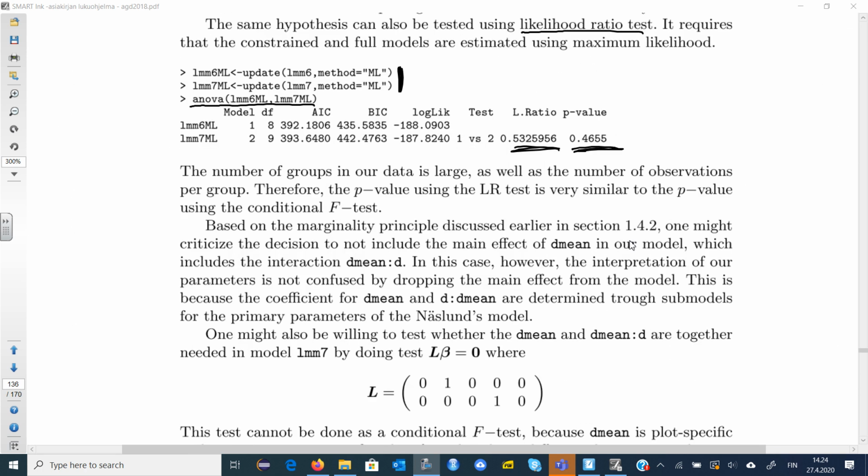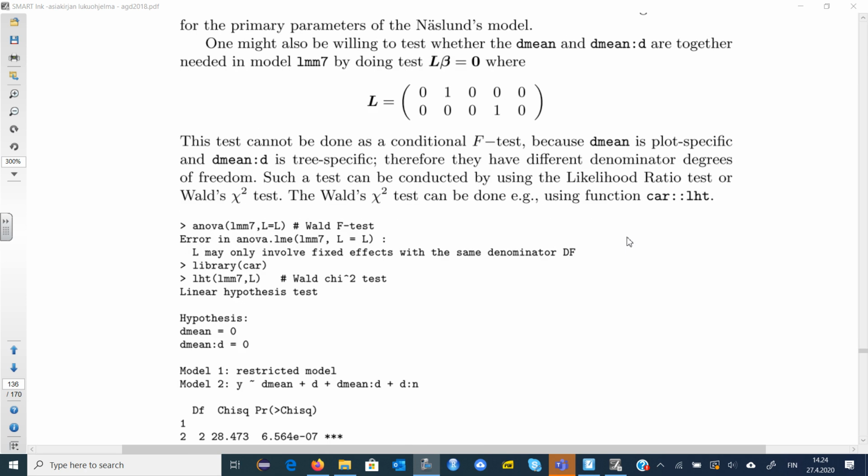And therefore we are doing the Wald F-test, Wald chi-square test here instead. And it can be done in R using functions of package car, and function lht there, for example, can do that. And here we are doing that. So here we just specify the hypothesis matrix.